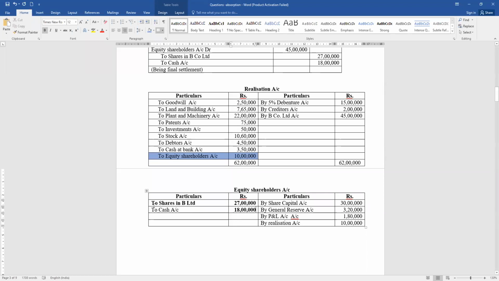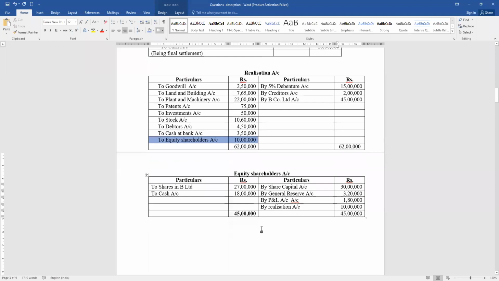Now you have to tally. It should tally. So this side I am getting 45 lakhs. Check whether in the debit side you are getting 45 lakhs. 30, 40, 45. So it is tallied. There should not be any balance in the equity shareholders account.